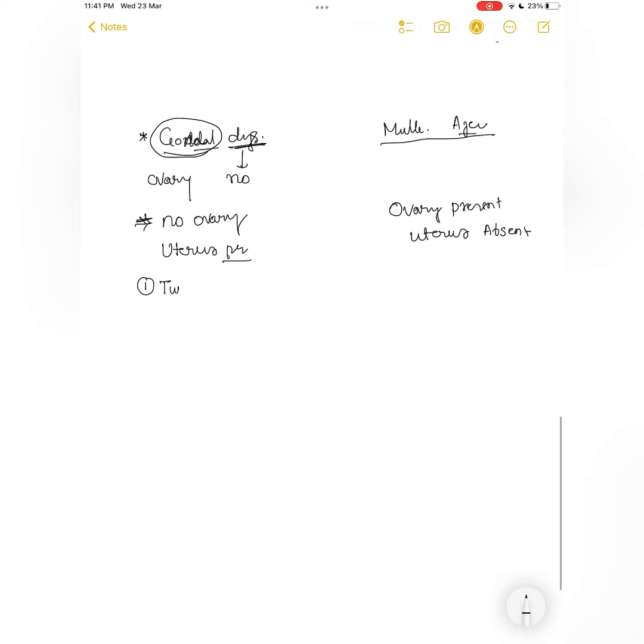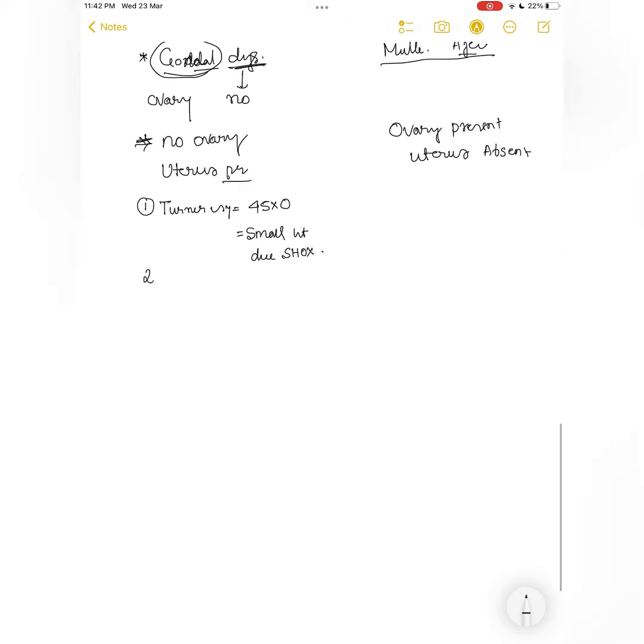The first is Turner syndrome, that is 45XO, with short height due to SHOX gene absence. Next is pure gonadal dysgenesis. In Turner, you also have to know there are streak ovaries, one of the favorite topics. Pure gonadal dysgenesis is 46XY, due to mutation in the SRY gene.